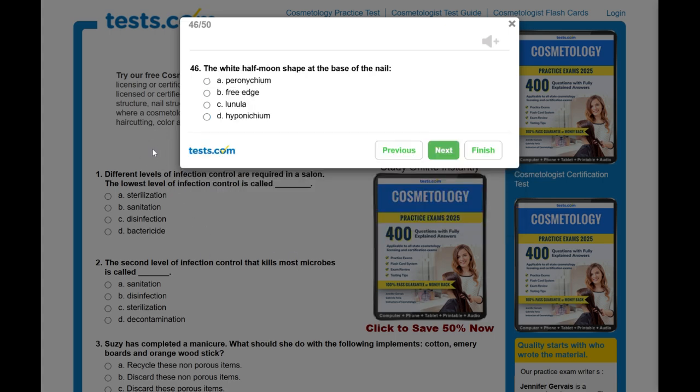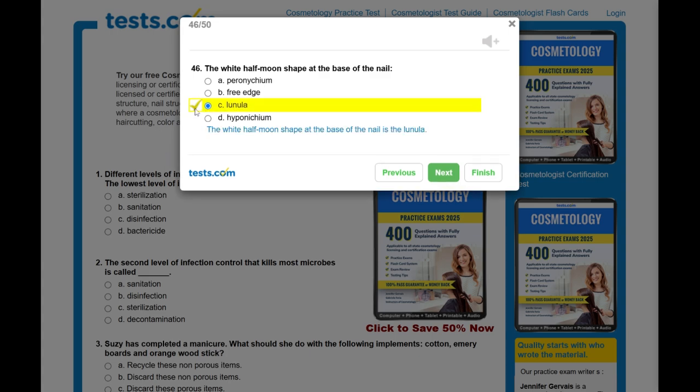Question 46. The white half-moon shape at the base of the nail. A. Perineum. B. Free edge. C. Lunula. D. Hyponeum. C. Lunula. The white half-moon shape at the base of the nail is the lunula.